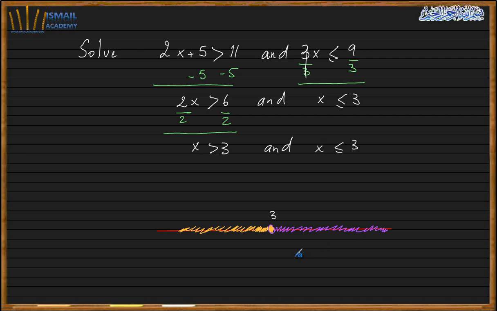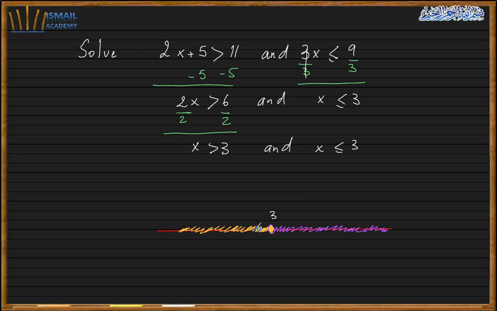Now, do they share any common solution? You can tell me they share 3. No, they're not sharing 3 because you see 3 is not full for that inequality. That means we don't have equal signs. We don't have a full circle here. It's open. That means 3 is not included in that set of solutions for that inequality, but it's included in here.